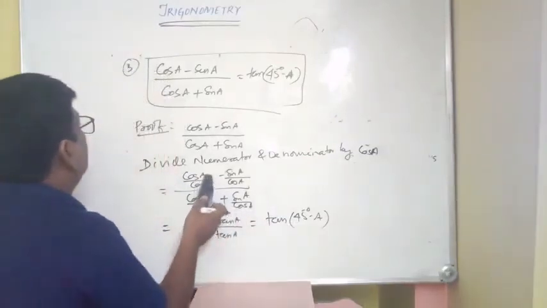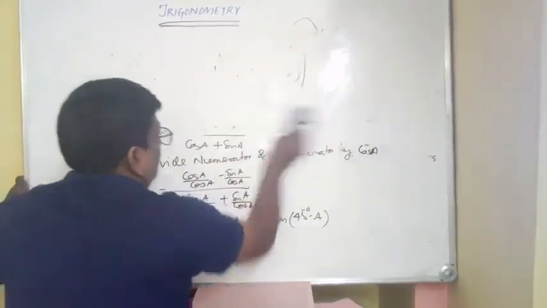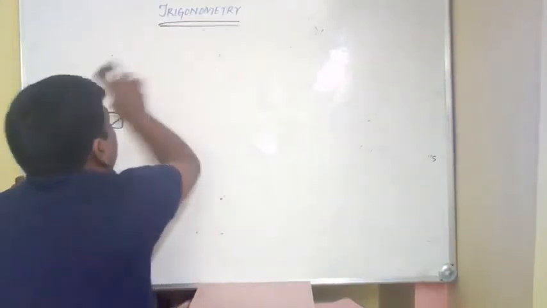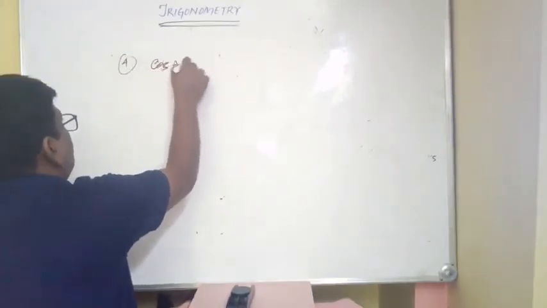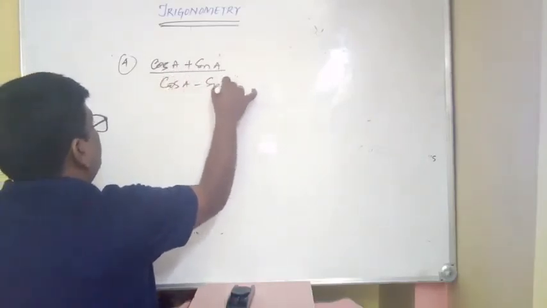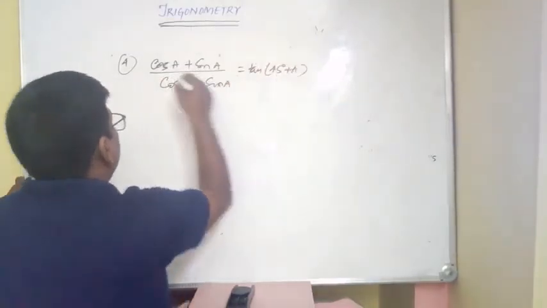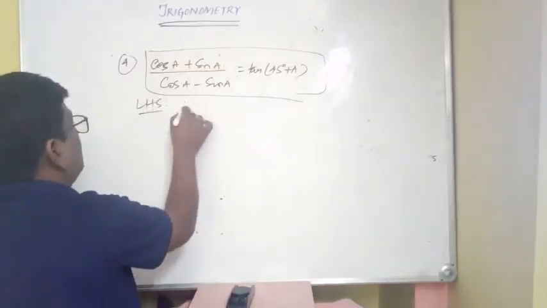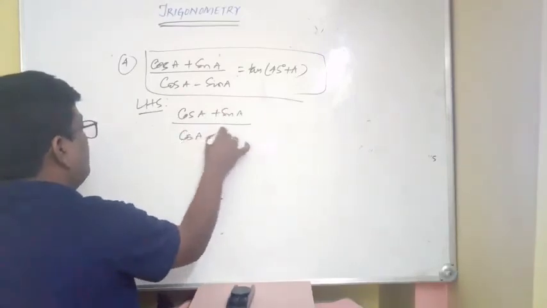Similarly, formula number 4, the reverse side: (cos A plus sin A) by (cos A minus sin A) equals tan(45 degree plus A). Same proof. Left hand side: (cos A plus sin A) divided by (cos A minus sin A).